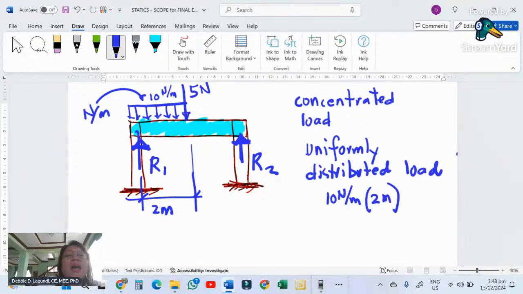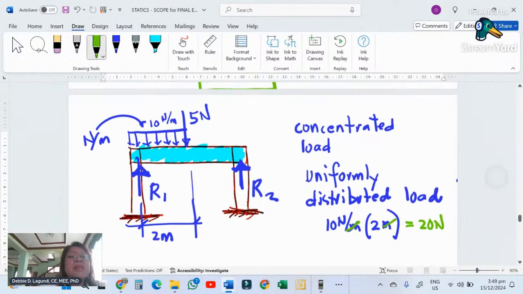If you look at the units, the meter and the meter cancel out. So you are only left with 10 times 2 in Newton units. So 20 newtons will be the resultant of the load that is spread out over a 2-meter span.